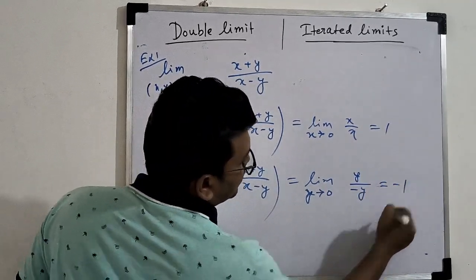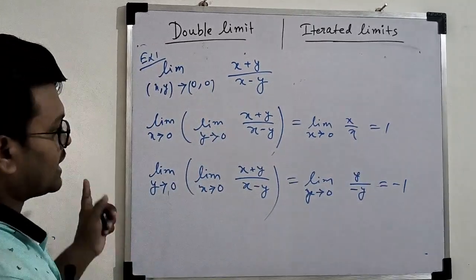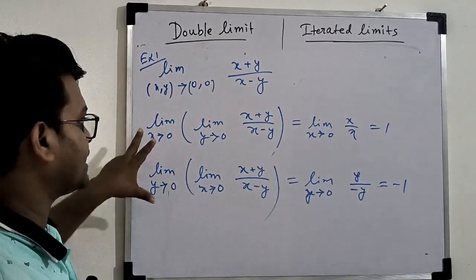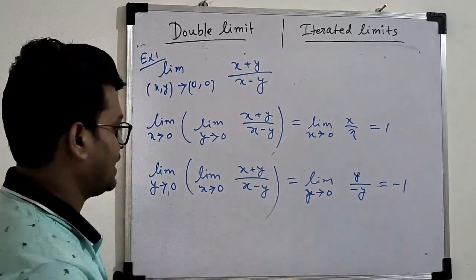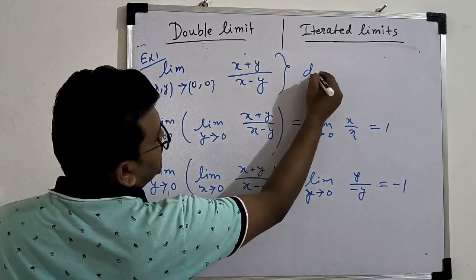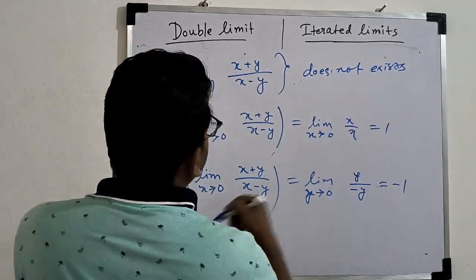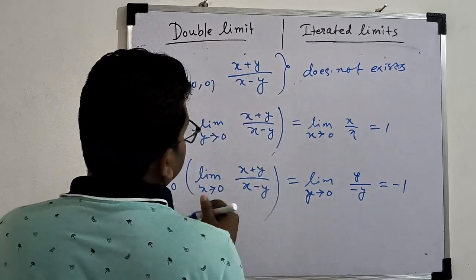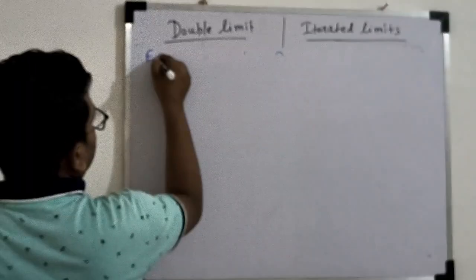So from here we get minus 1. So these two limits are not equal. So we get the result contrapositively, that if these two iterated limits are not the same, then we can say that the double limit does not exist. This is for the function where x minus y is not equal to 0.